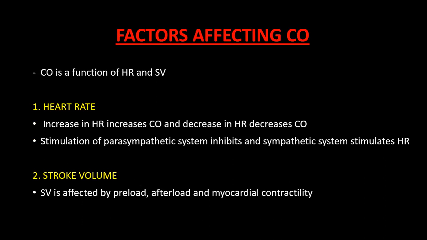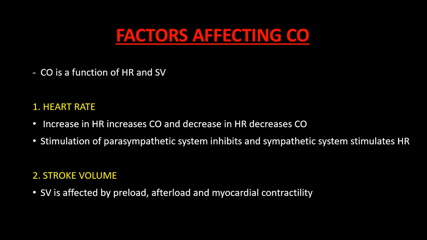Stimulation of parasympathetic or vagal fibers is always inhibitory to the heart, and stimulation of sympathetic fibers is usually facilitatory or stimulatory to the heart. Therefore, vagal stimulation inhibits heart rate and sympathetic stimulation stimulates heart rate.